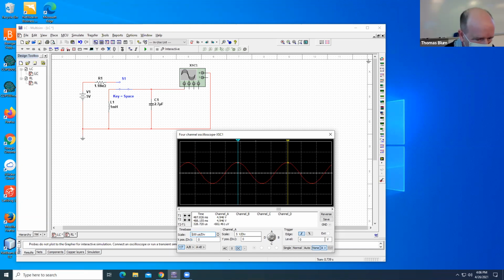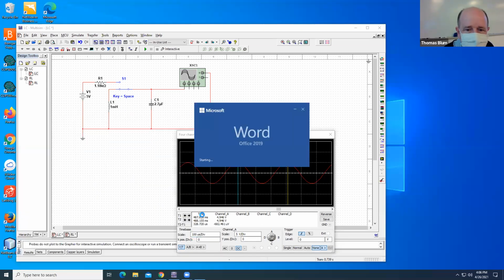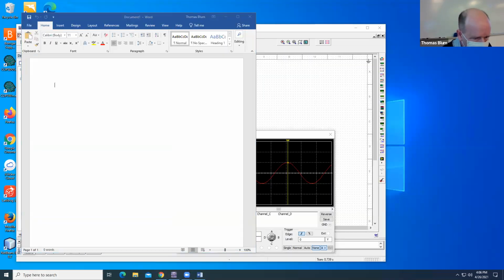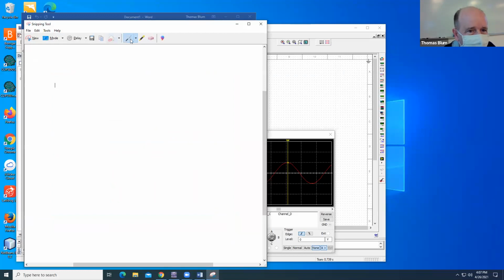So let me bring up a Word document, just a blank thing, play my weird snippy game. Okay, so T is the period, and that's the number of seconds per cycle.